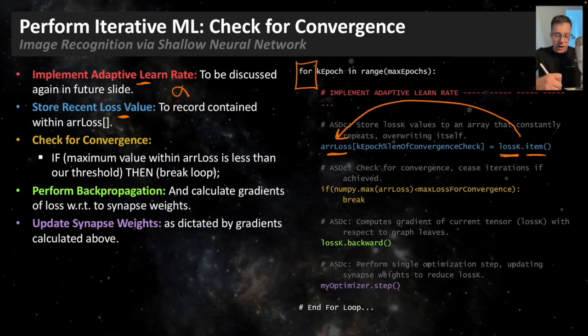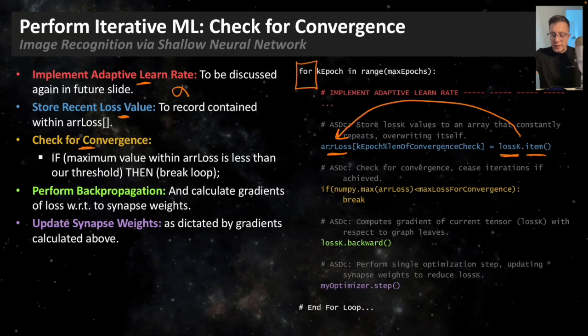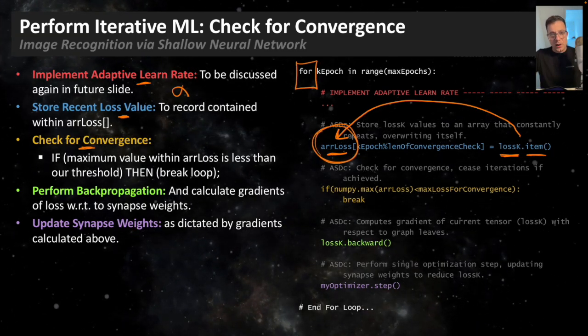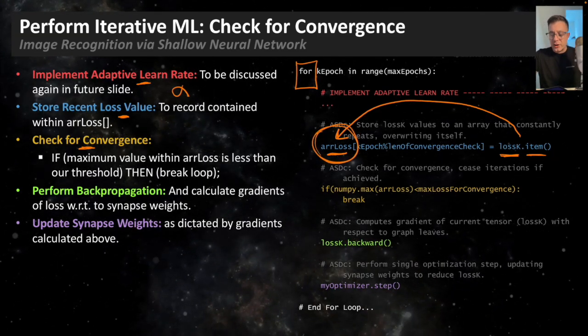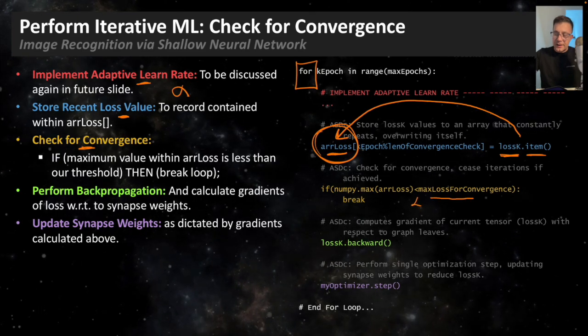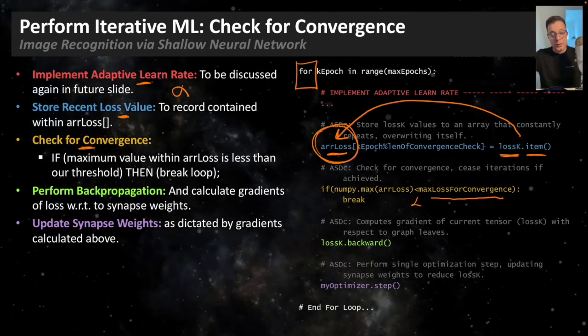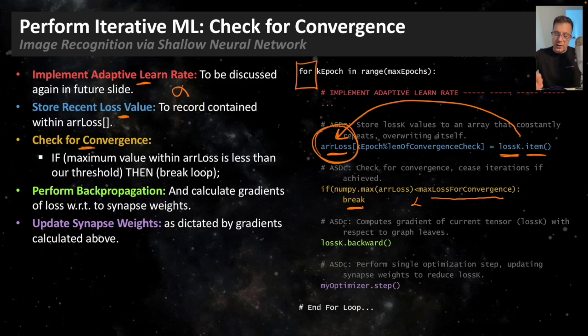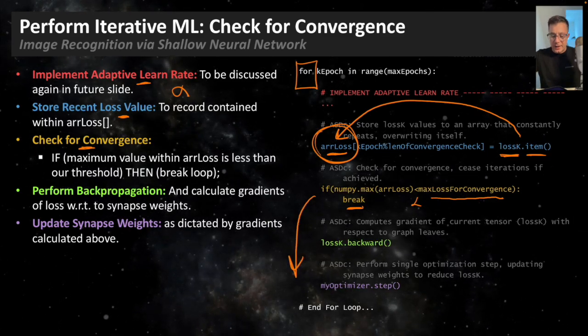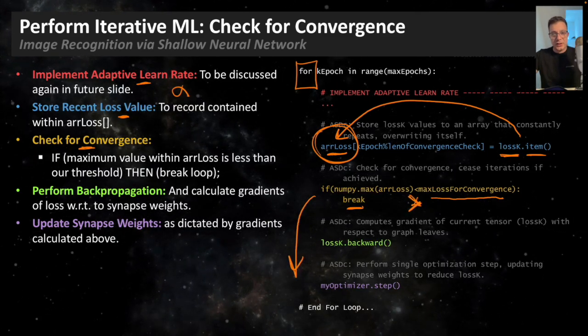After that, we check for convergence, and this is pretty straightforward. If the maximum loss calculated over the last 100 iterations or so is less than the maximum allowed loss for convergence, then we have achieved convergence. We can break our loop and skip these next few steps. If not, then we have to continue with the update.